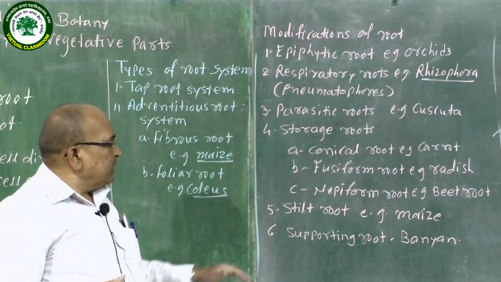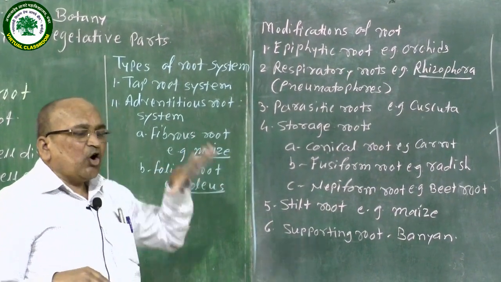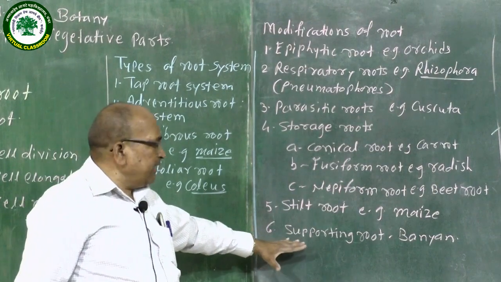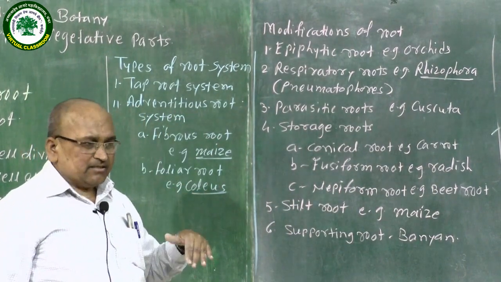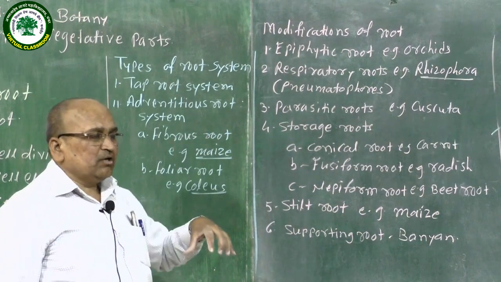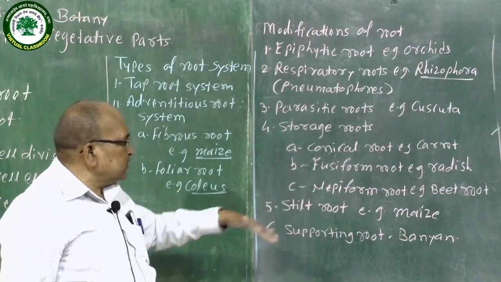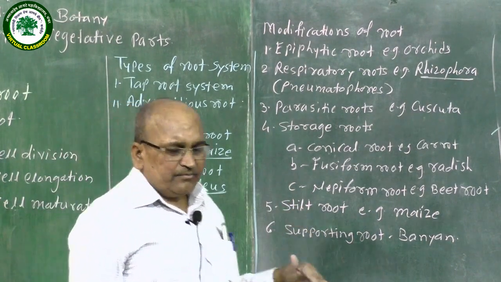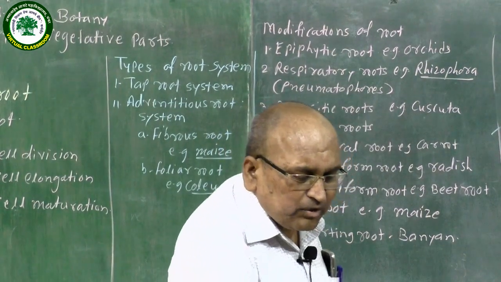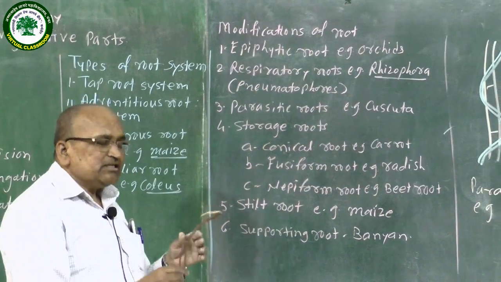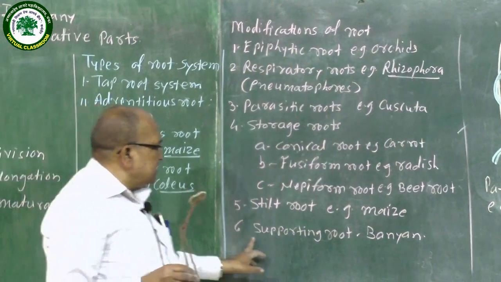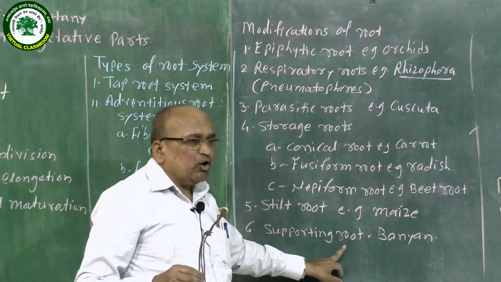At that time, the apical region or middle region of the banyan branch develops additional growth, and this additional growth reaches up to the soil and gives additional support. Such roots are known as the supporting roots.